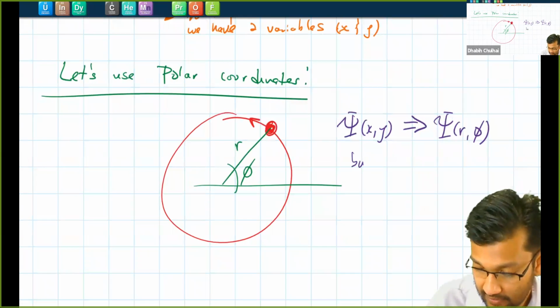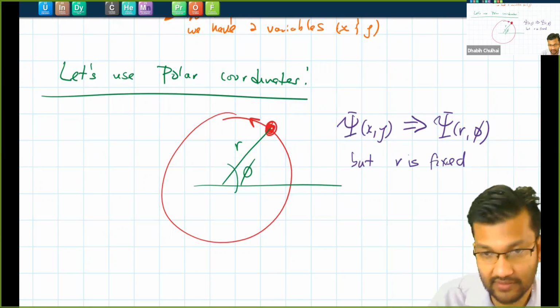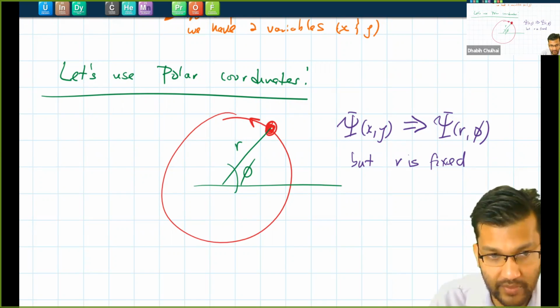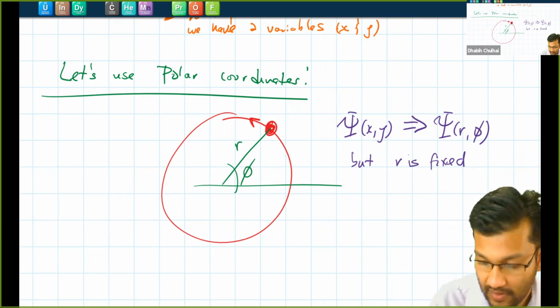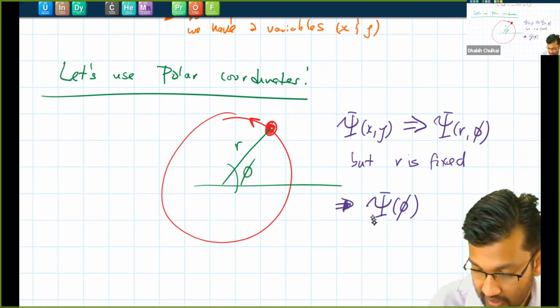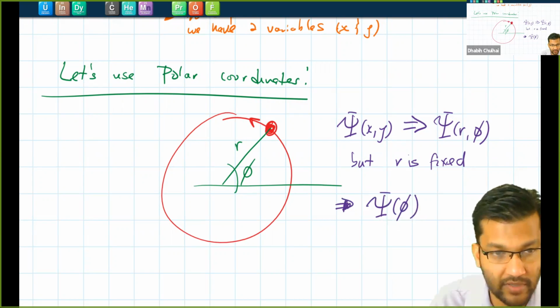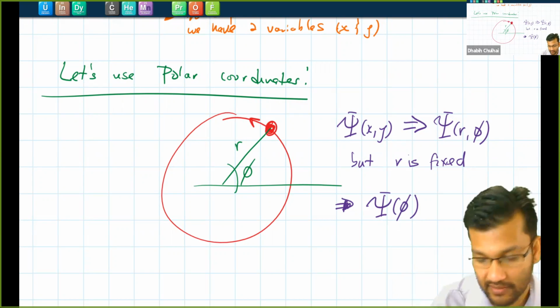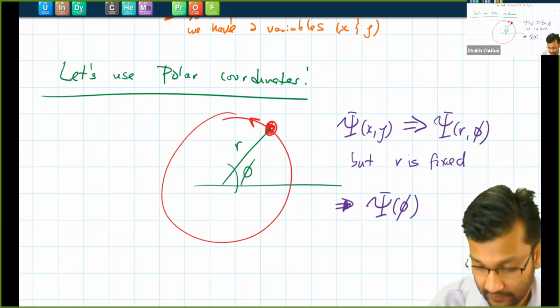But r is fixed. It's a constant. So we don't even have to worry about r being a variable. That means that we actually simplify this further, and it's kind of like a one-dimensional problem where the wave function only needs to worry about the angle, because r is never going to change. We said it's on this string. So this will simplify our problem a lot.